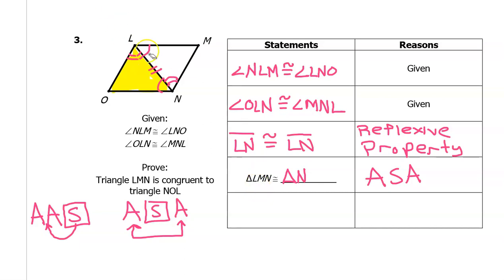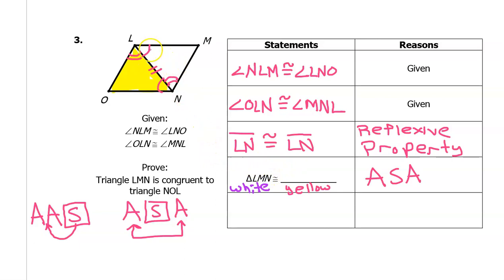Let me start over. They've given us triangle LMN first. So that means this is the white triangle. So we have to look at the white triangle, and then our answer over here will be the yellow triangle. So let me start over.